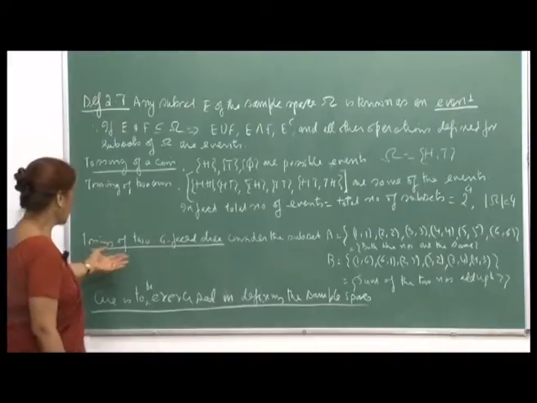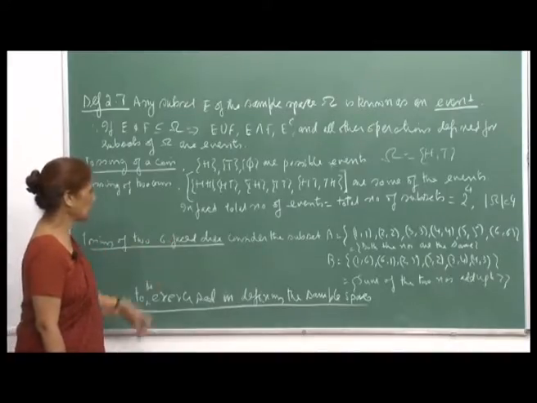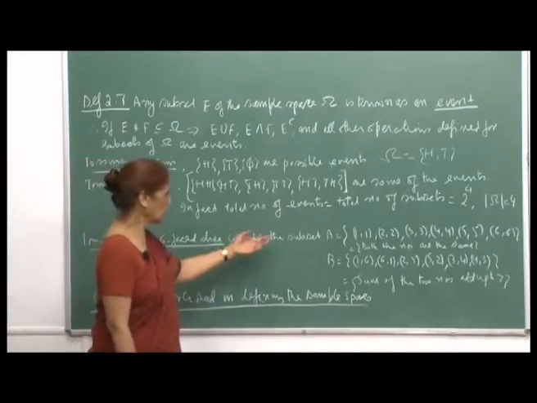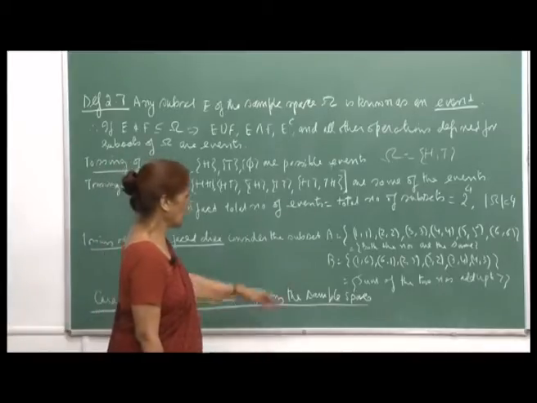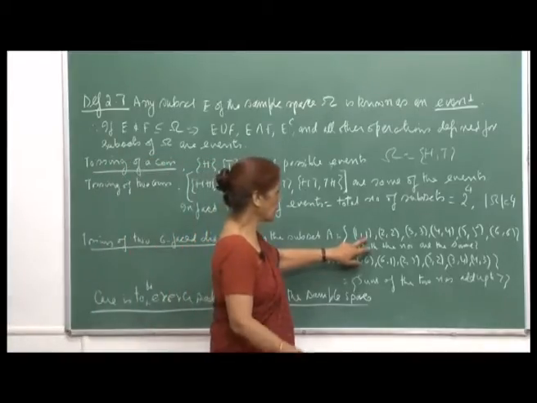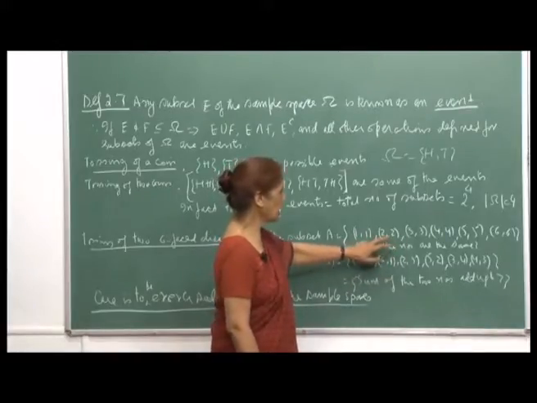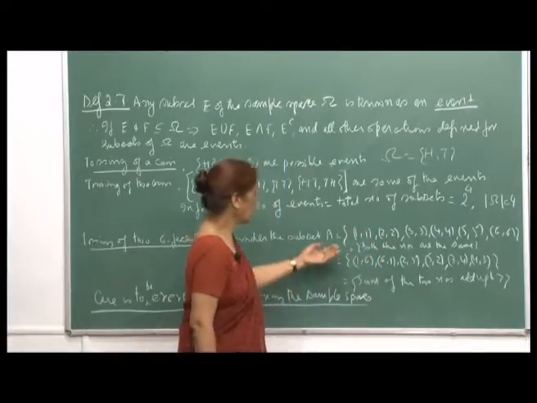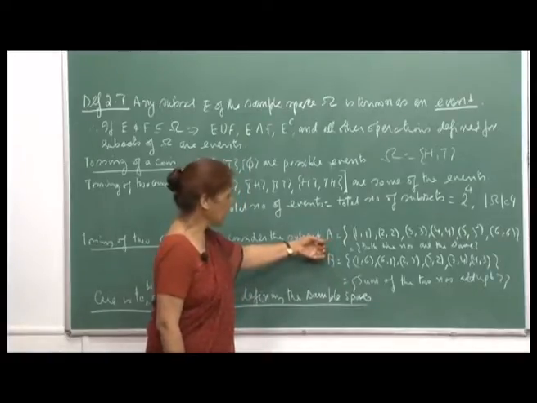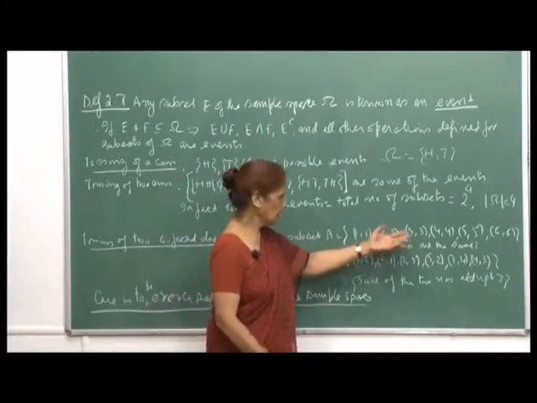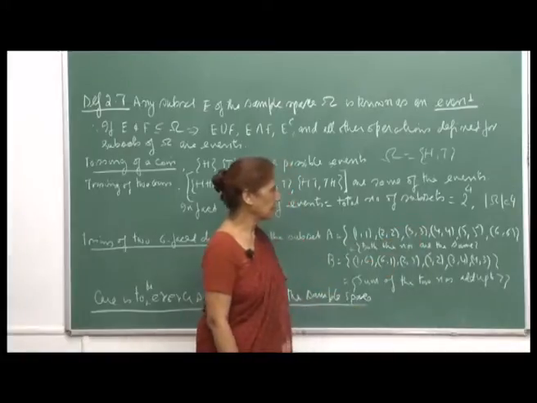Now, again as an example, when you are tossing 2 six-faced dice, consider the subset A where both the faces show the same number, right. So, here the components in A would be 1 1, 2 2, 3 3, 4 4, 5 5 and 6 6.